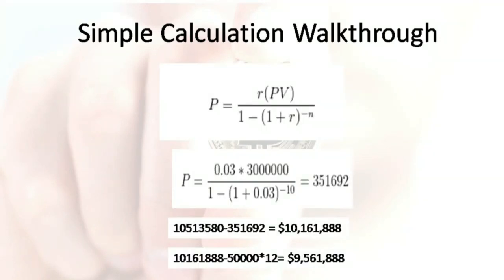Now, if we need to borrow this $3 million from the bank at 3% over 10 years, then we need to use the loan payment formula, which is P = R × PV / (1 − (1 + R)^(−N)), where PV is the present value, R is the rate per period, and N is the number of periods.